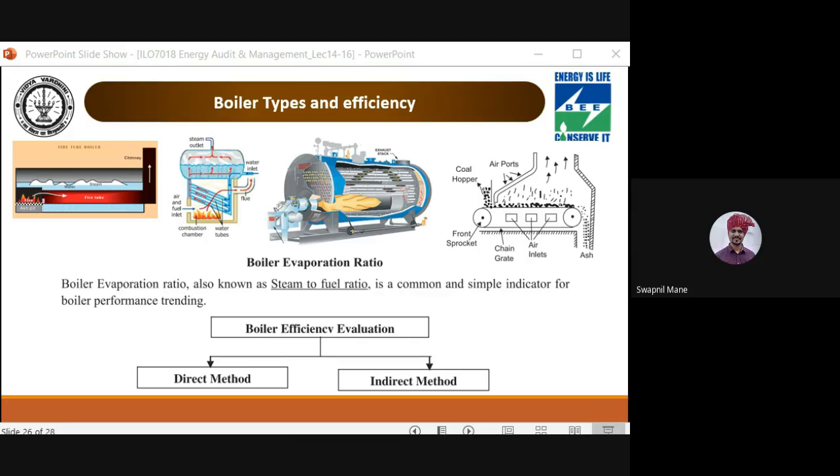In a fluidized bed boiler, what happens is air is supplied from the bottom of the bed, and this evenly distributed air causes the solid particles to suspend in the air.